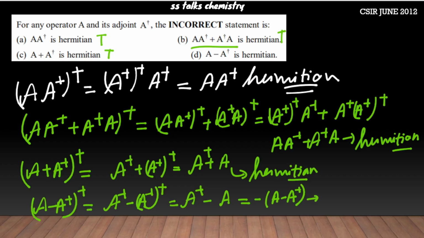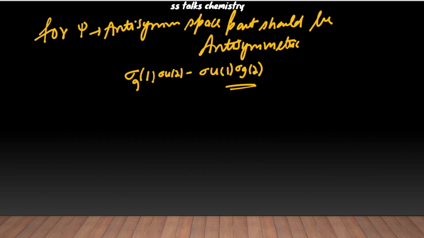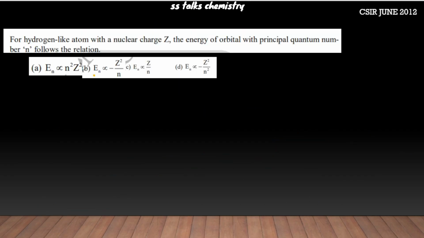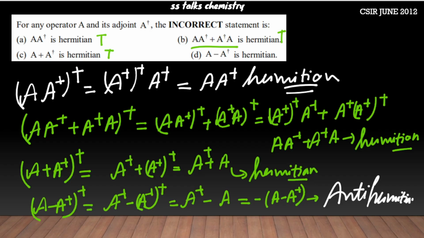That means it is anti-Hermitian in nature, and not Hermitian. Right? So this statement that is given to us, that it is Hermitian, is a false statement. So incorrect only, option D will be the right answer.